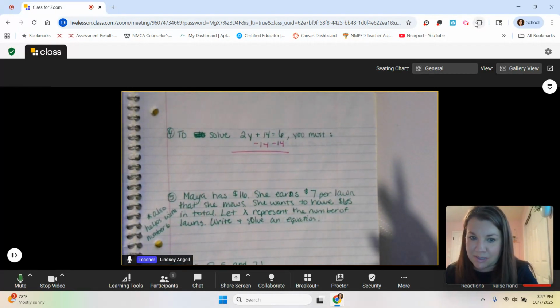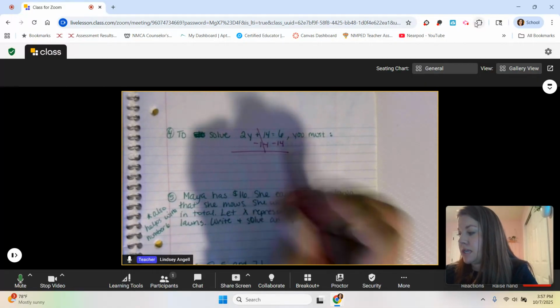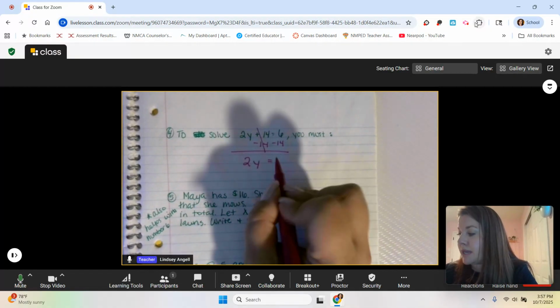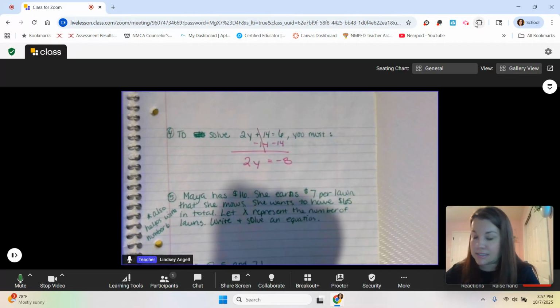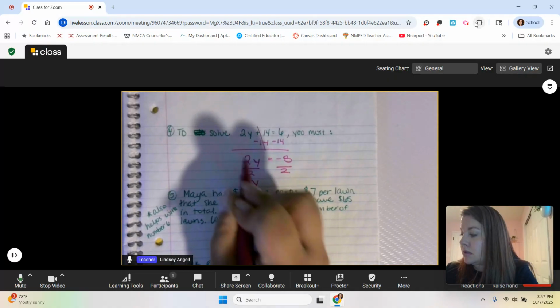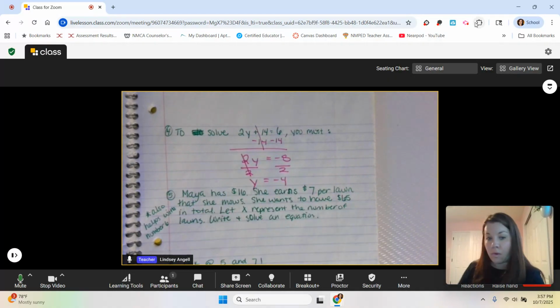Maybe I didn't set up this problem real well. Sorry about that. But 14 minus 14, those cancel. We're left with 2y. And then 6 minus 14 would give us negative 8. Then I must divide by 2 on both sides. Those cancel on the left, and y would be equal to negative 4 in this case.